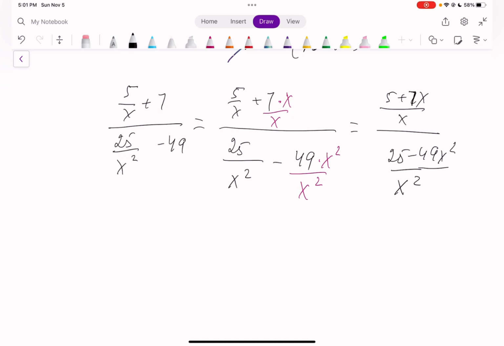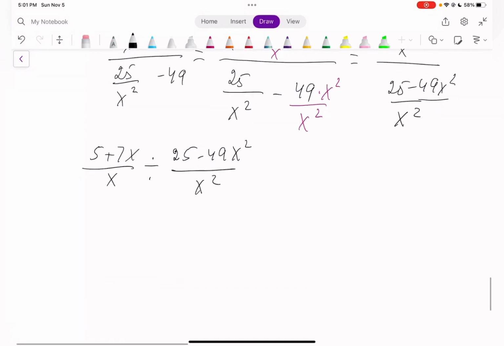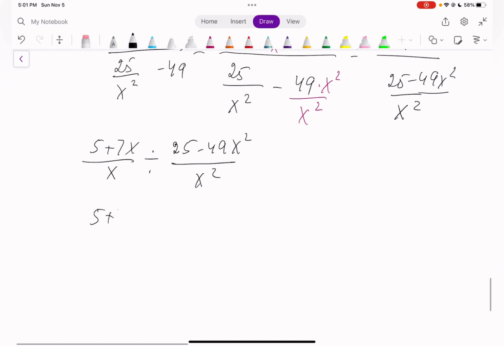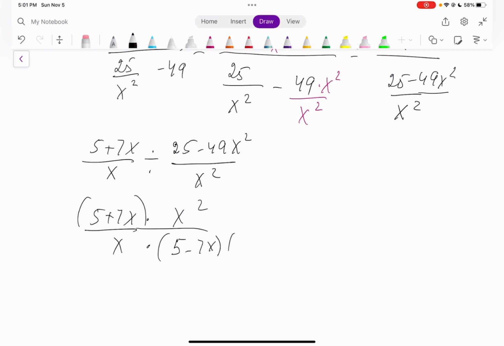We need to open up so we can cancel. 5 plus 7x over x dividing by 25 minus 49x squared over x squared. And this is going to be equal 5 plus 7x over x multiplied, x squared comes here, I'm flipping the second fraction. 25 minus 49x squared, might as well write down 5 minus 7x, 5 plus 7x.